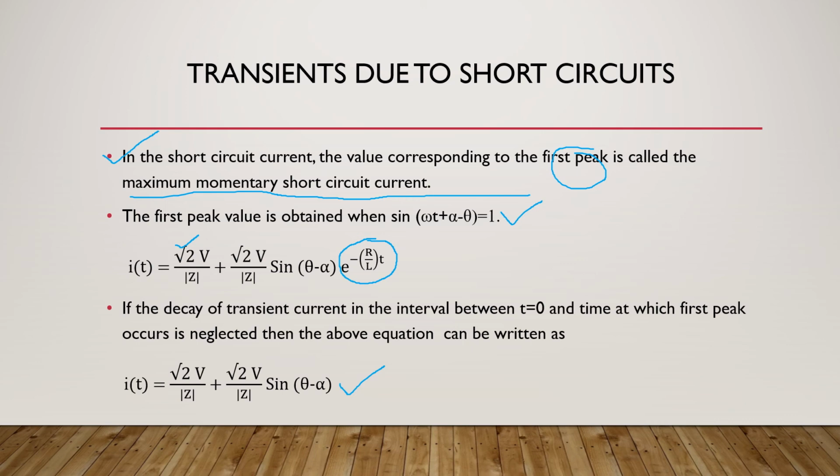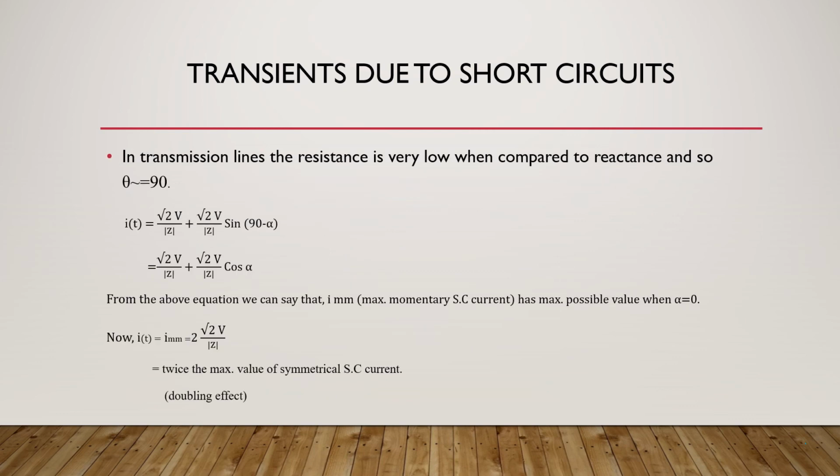Still, is this your maximum value? No. So how do you get the maximum value? In transmission lines, the X by R ratio is a very high value, which means resistance is very low when compared with reactance.